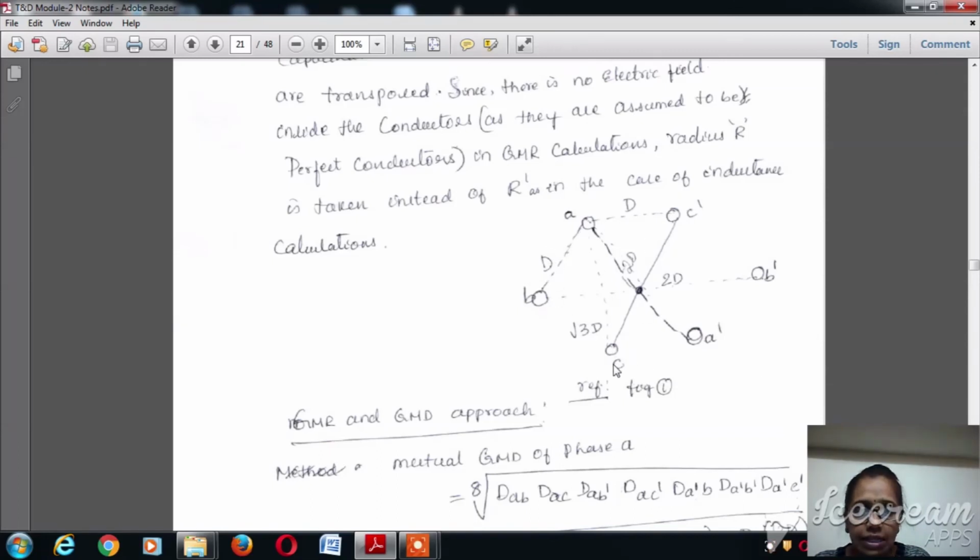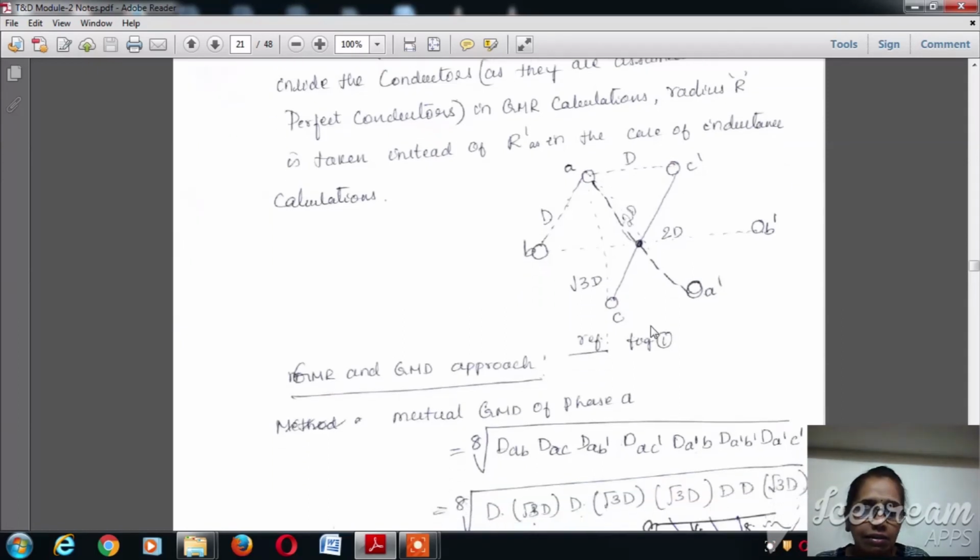The distance between A and C is root 3 d, and the distance between A and B is d. The distance between A and C dash is d again. The distance between A and A dash is d plus d, so it is 2d. The distance between B and B dash is again d plus d, it is 2d. Similarly, the distance between C and C dash is also 2d.